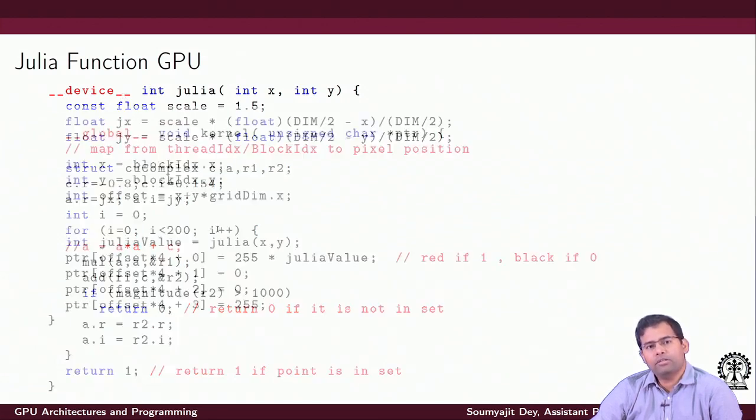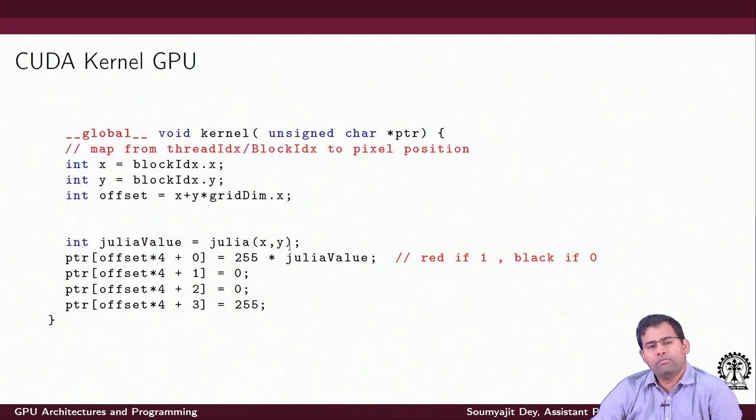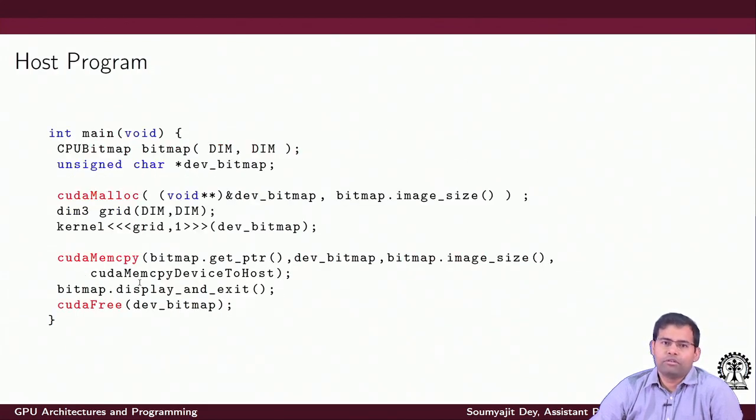Once being passed the parameters x and y, it should return back the Julia value, and just like earlier we will be using these Julia values to assign the corresponding suitable RGB channels to these PTR memory locations. And with that, when this kernel's execution finishes, we have got the bitmap colored properly with respect to the Julia set computation, and finally the bitmap display image is able to display it properly.